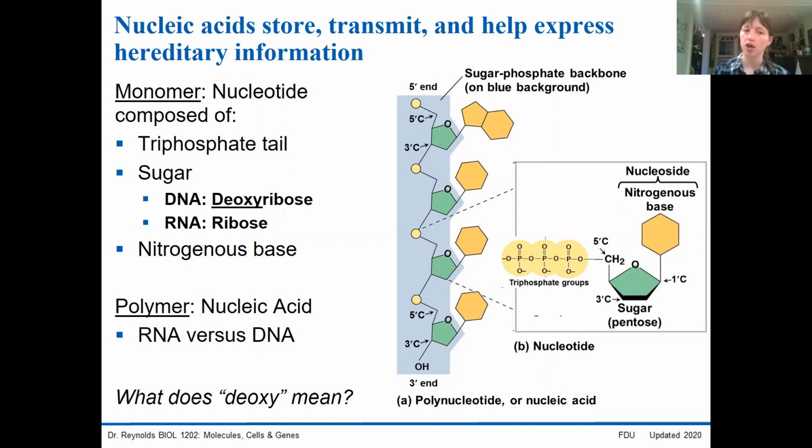This is what determines the difference between the different nucleotides. So if you're a nucleotide of DNA, you can have an A, T, G, or C nitrogenous base. If you're a nucleotide of RNA, it would be an A, U, G, or C. The polymer of this particular group is known as a nucleic acid.